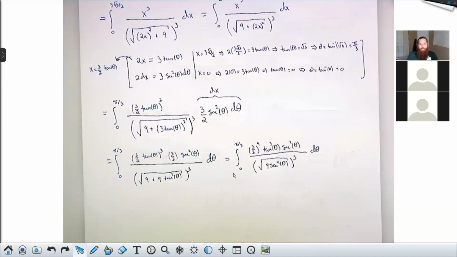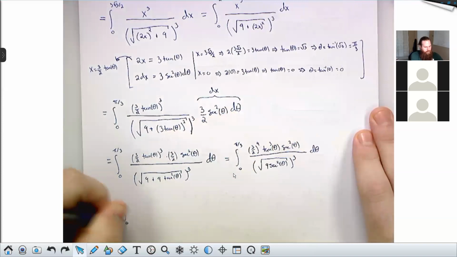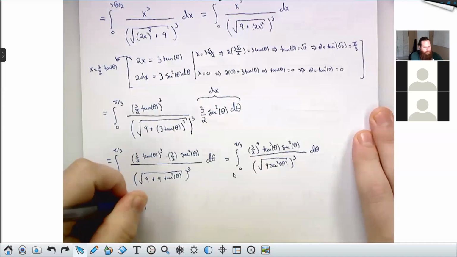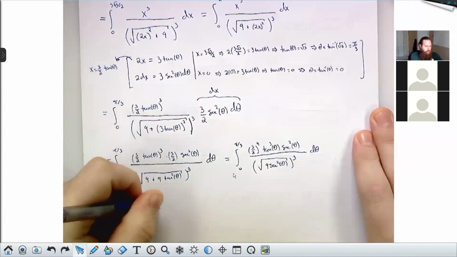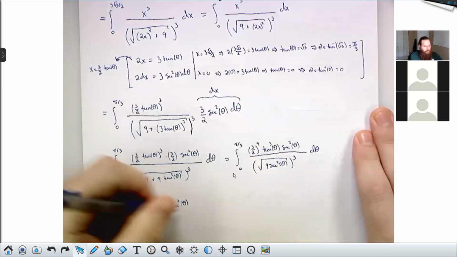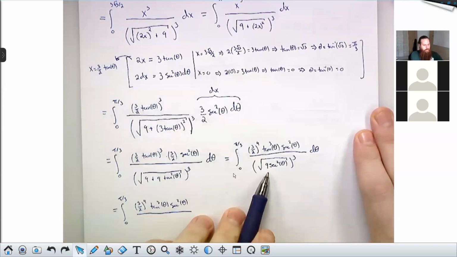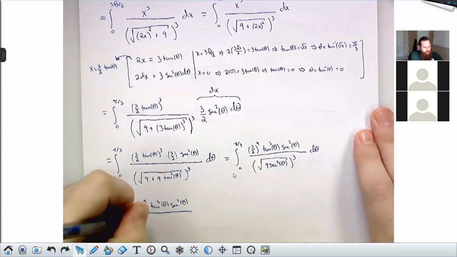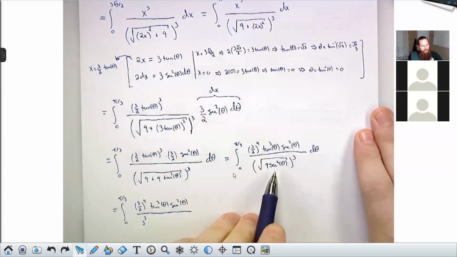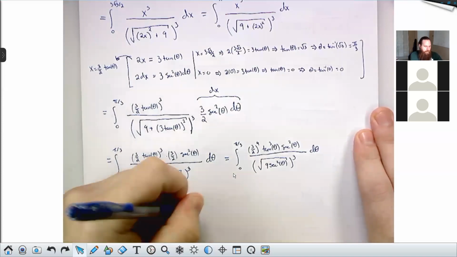When you take the square root of 9 secant squared, you get 3 secant theta. So you get integral 0 to pi over 3, 3/2 to the 4 tan cubed times secant squared, all over. The square root of 9 is 3, 3 cubed. The square root of secant squared is secant. Secant cubed d theta.